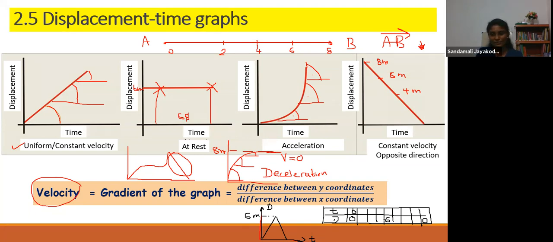Here we can mention some time intervals, 2, 4, 6 like this. It's a combination of these two graphs. Move to somewhere and coming back to the initial position. The initial displacement is 0. Again, the final displacement is also 0.